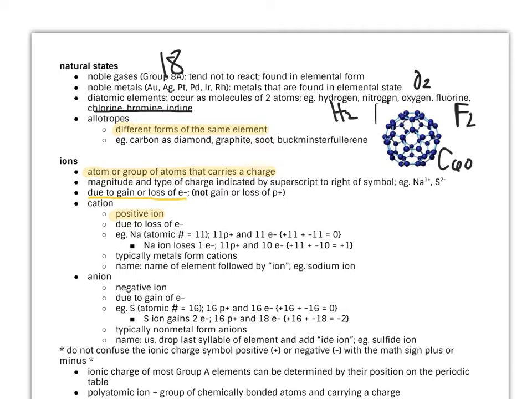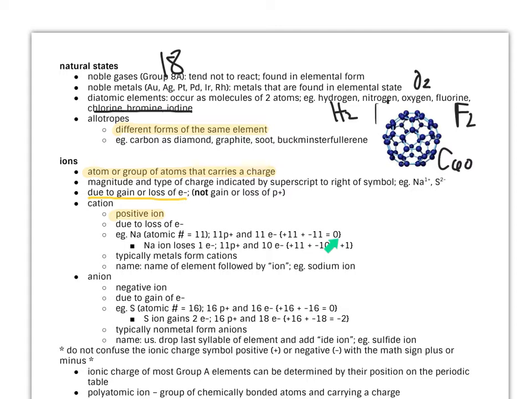So, for example, sodium, its atomic number is 11. So we know that that means it has 11 protons and 11 electrons. So just this atom of sodium, it doesn't have a charge because it has 11 protons and 11 electrons. So positive 11 plus negative 11 equals 0.